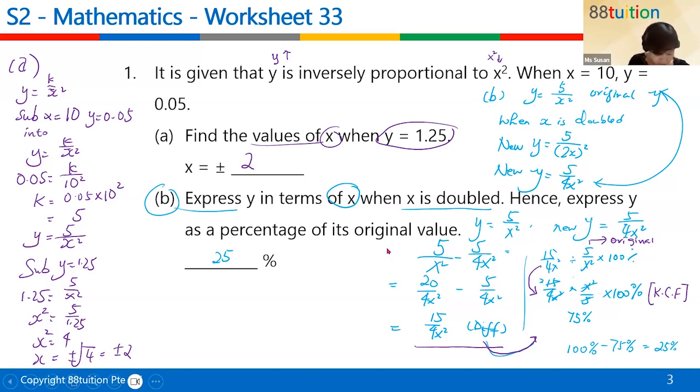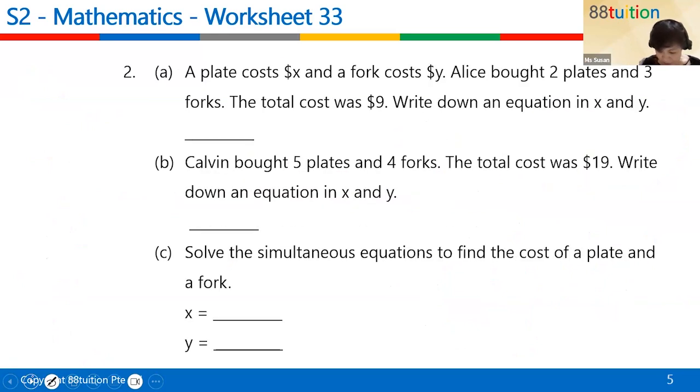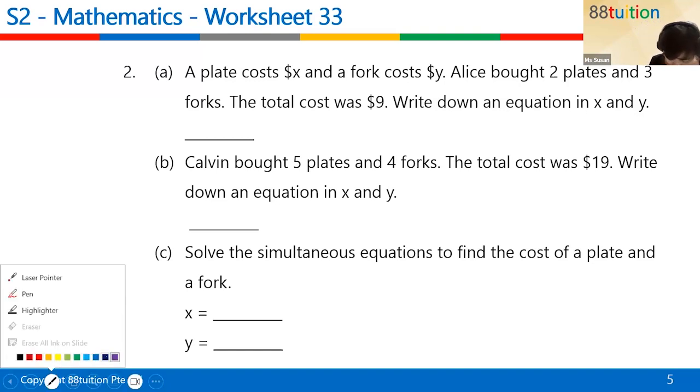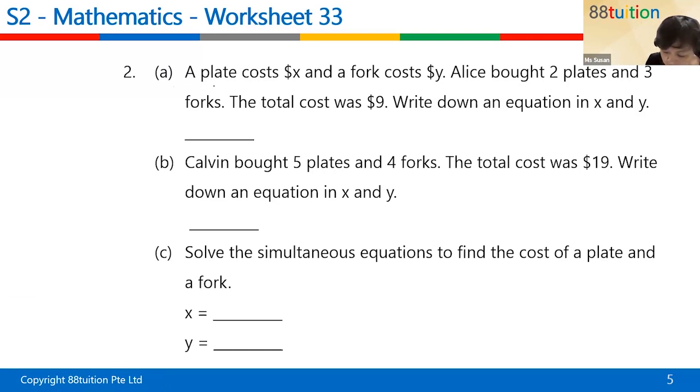All right. Next question. The plate costs x dollars and the fork costs y dollars. Alice bought 2 plates, 3 forks, and the total cost is $9. Write down an expression and equation in x and y. Let's see. 2 plates, so I must times 2, right?